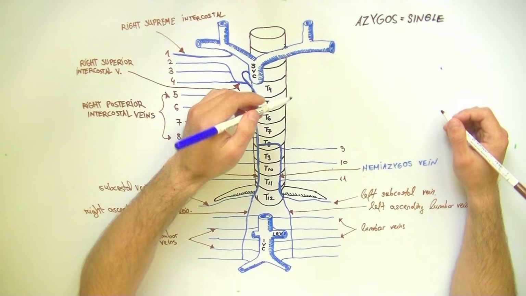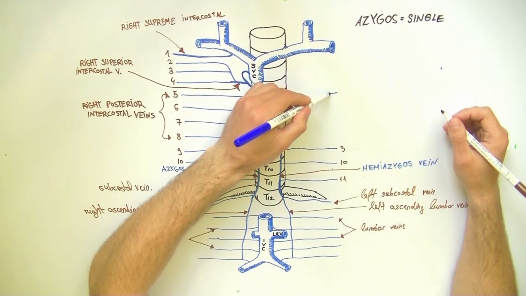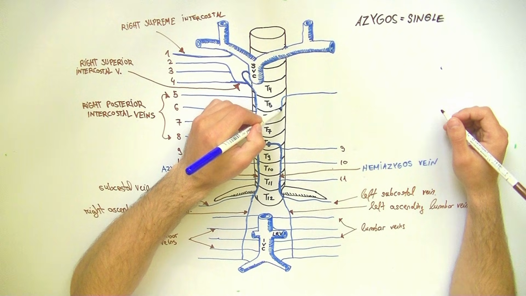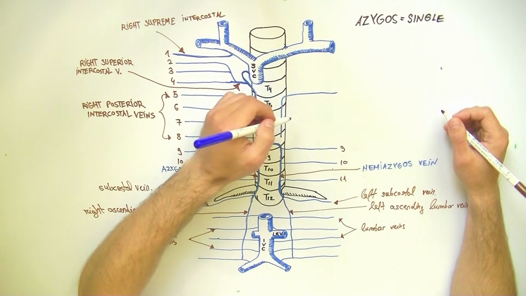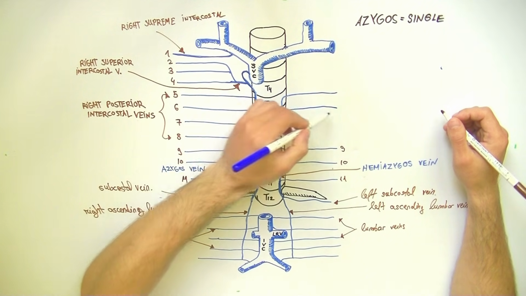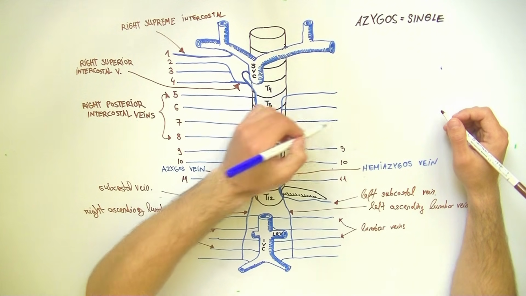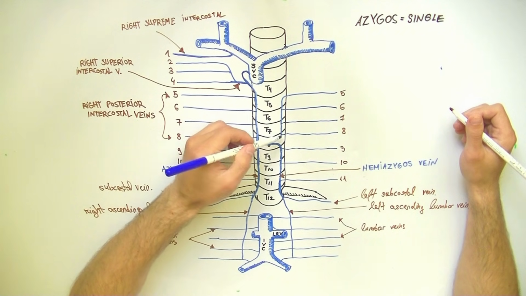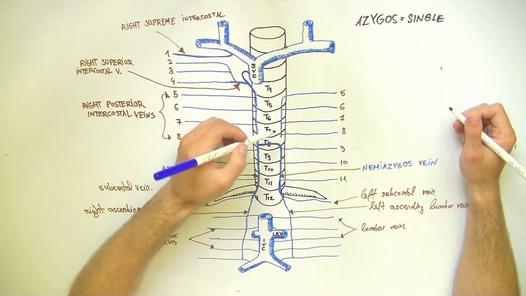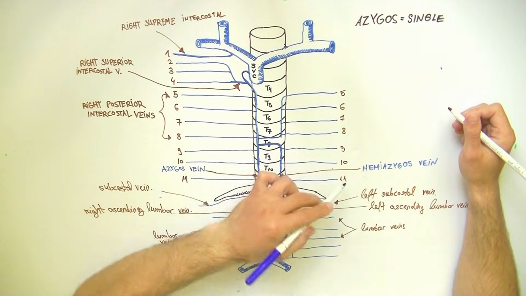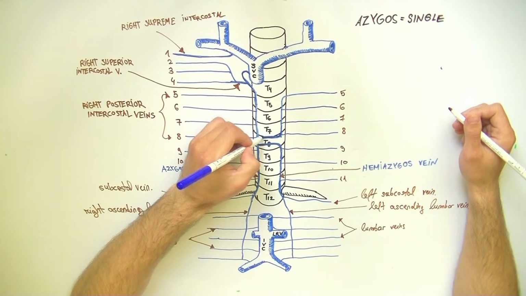The accessory Hemiazygos vein begins by draining the 5th left posterior intercostal vein and then descends, receiving the 6th left posterior intercostal vein, the 7th and the 8th, in front of the superior part of the T8 vertebra, or even in front of the T7 vertebra, turns to the right, and also, like the Hemiazygos vein, will drain into the Azygos vein.